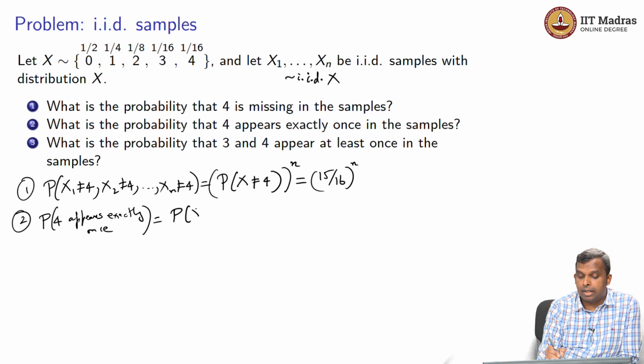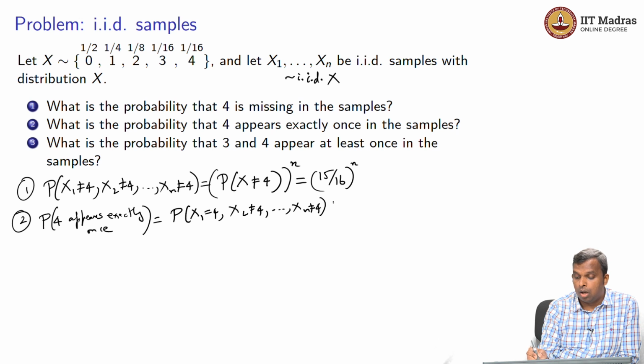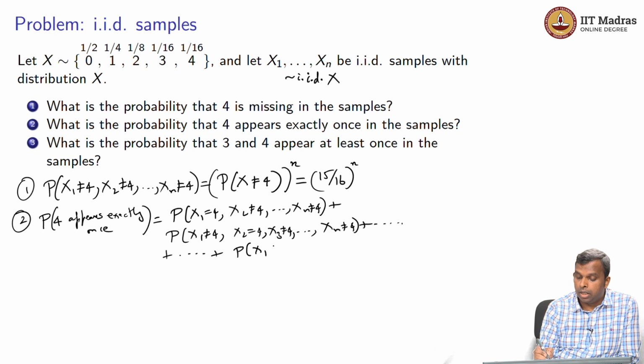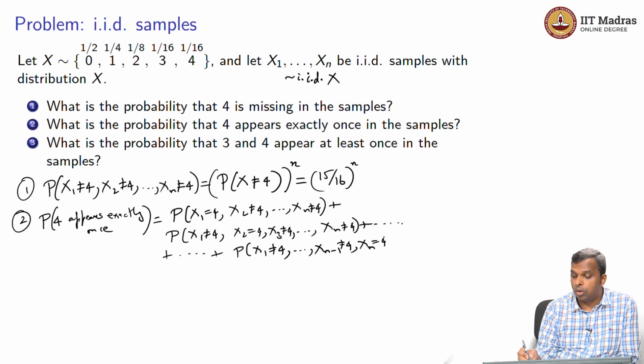This is the probability that x1 equals 4, x2 not equal to 4, till xn not equal to 4, or, disjointly, x1 is not equal to 4, x2 is 4, x3 is not equal to 4, and so on, xn is not equal to 4. Likewise, it can keep going till the last case, where x1 is not equal to 4, and so on till xn minus 1 is not equal to 4, and then xn is equal to 4.